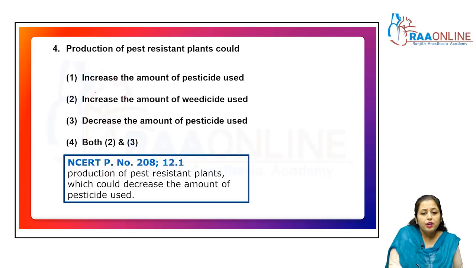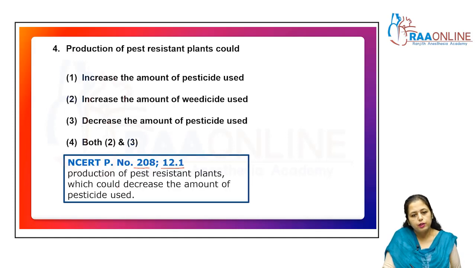In NCERT, that exact line is given on page number 208, heading 12.1: the production of pest resistant plants could decrease the amount of pesticide used. So the answer is 3.